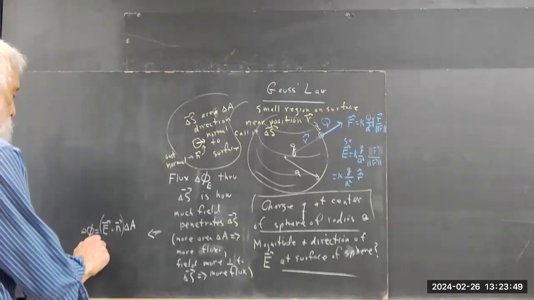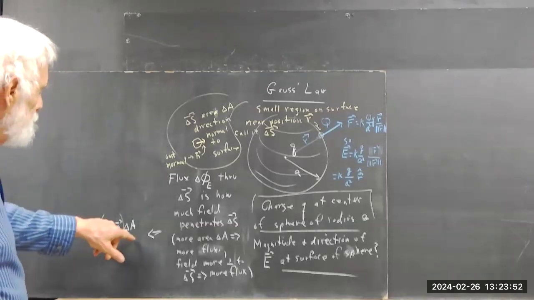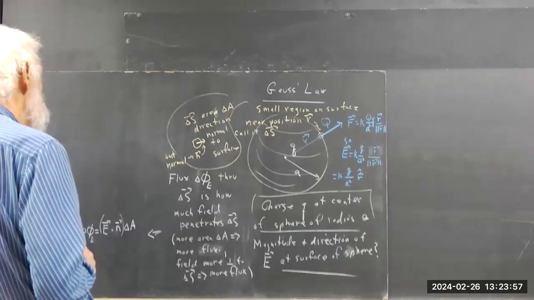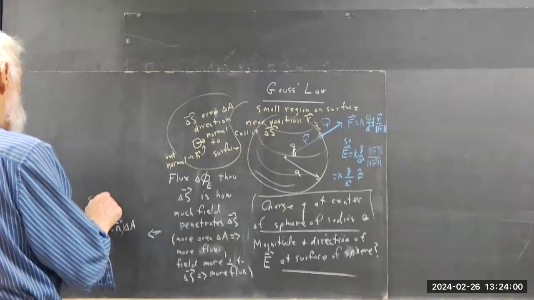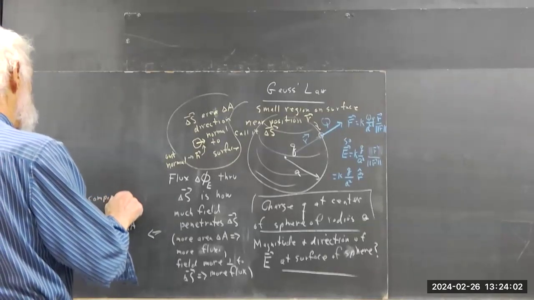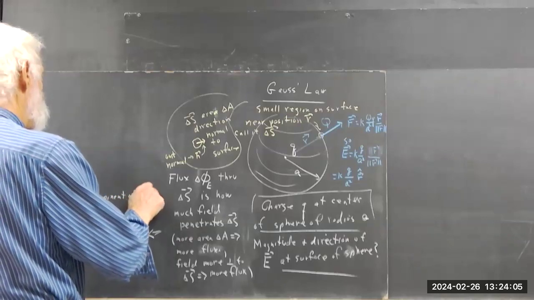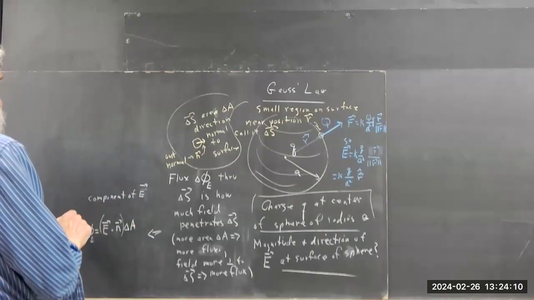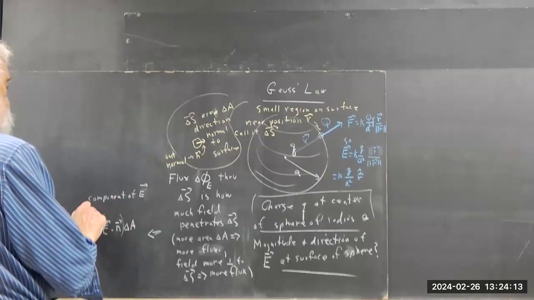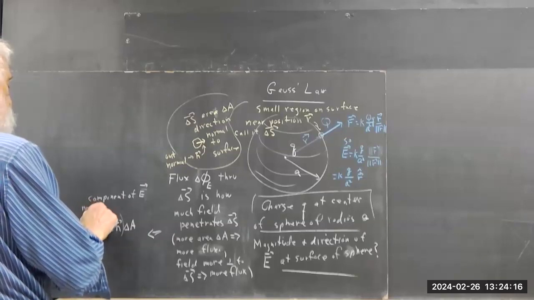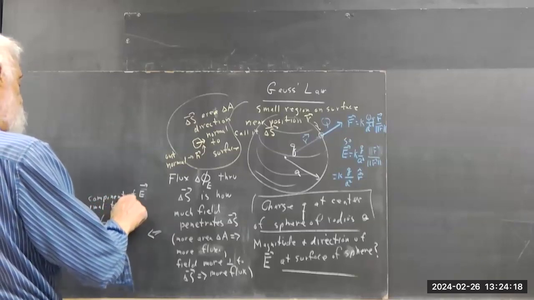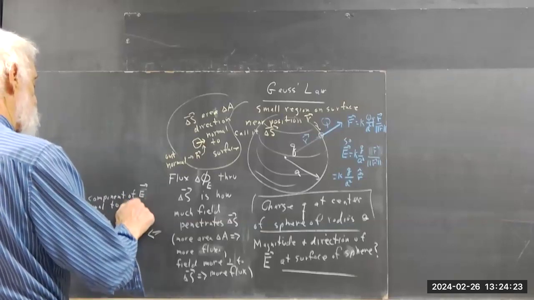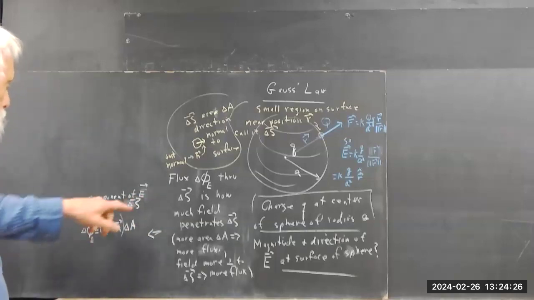Delta phi E is E dot N delta A, okay, the component of E normal to the delta S increment.